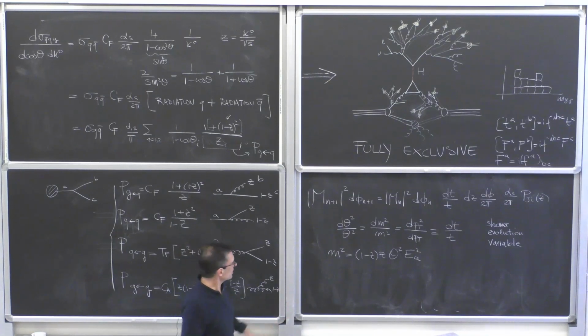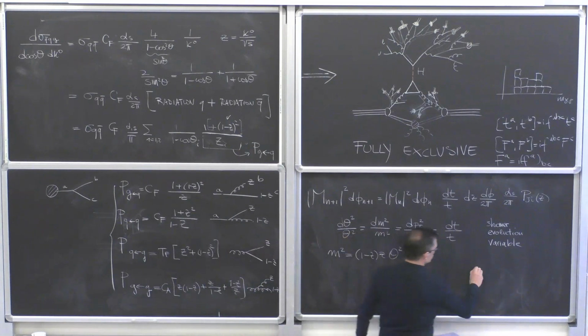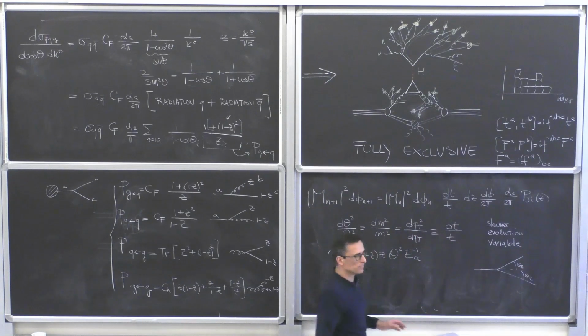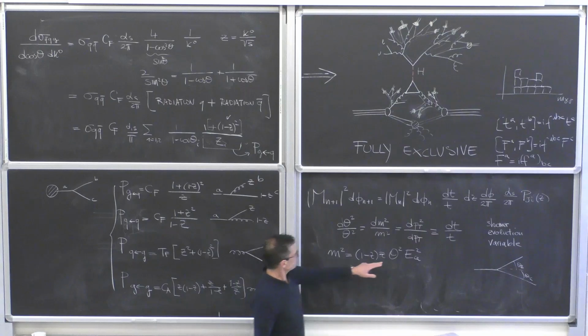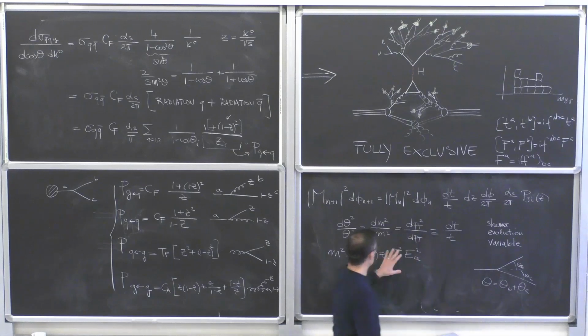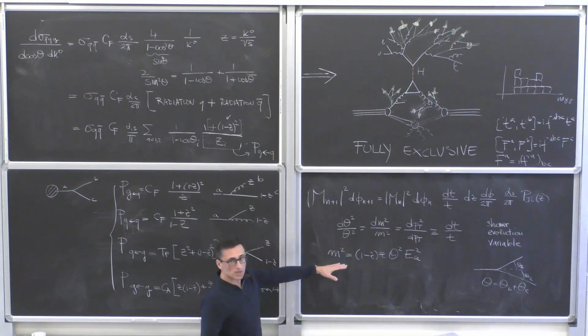You parameterize the two, so you have the matter like this. You have two angles, B and C. You can work out the kinematics yourself. This theta here is theta B plus theta C. It's very easy kinematics. You can show that you can rewrite it this way.